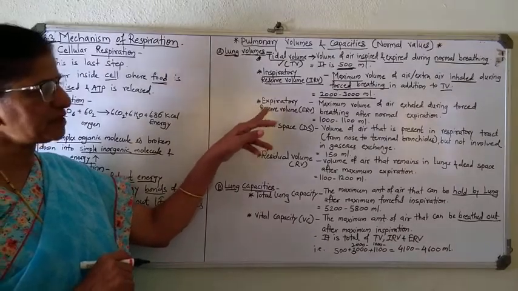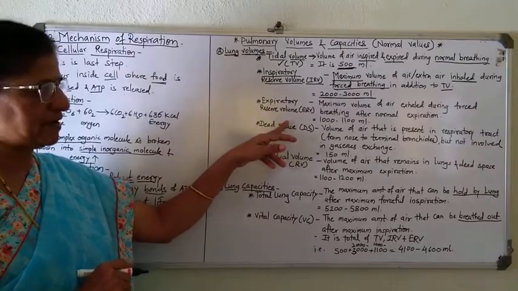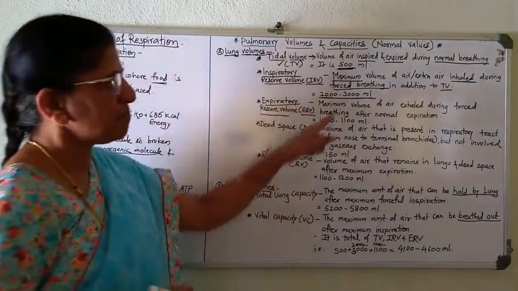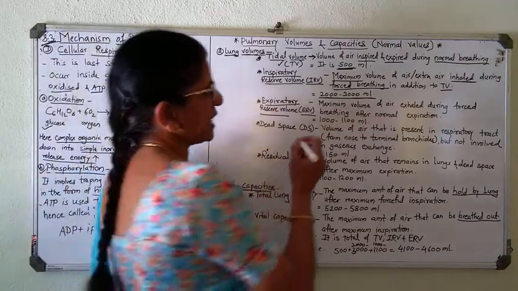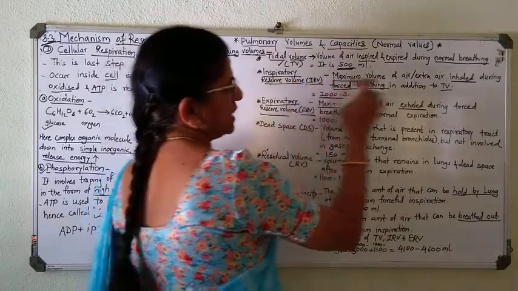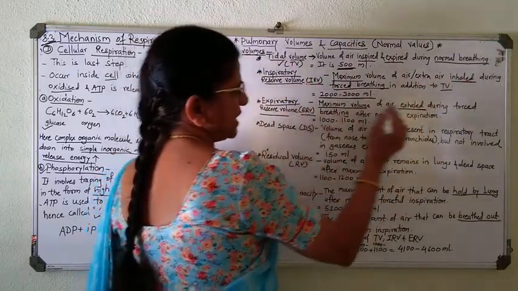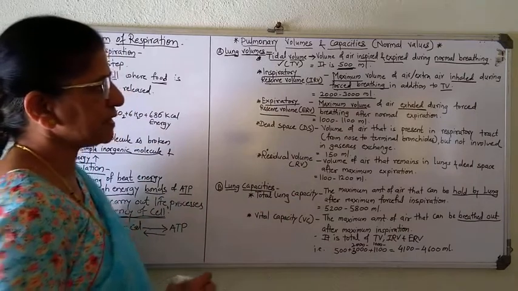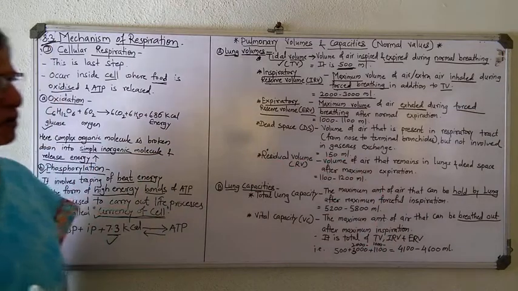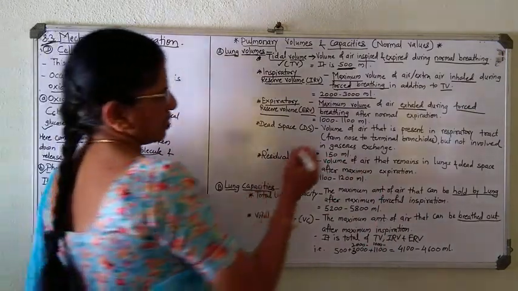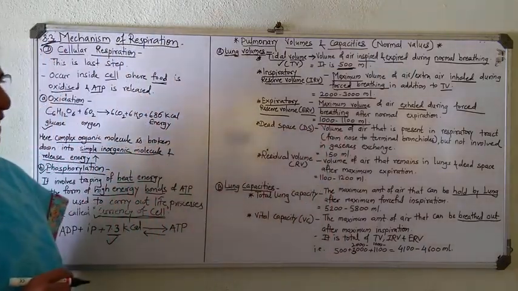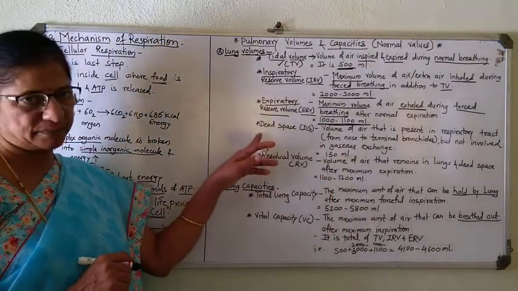Next is expiratory reserve volume, or ERV. This ERV means the maximum volume of air exhaled. In IRV it is inhaled, in ERV it is exhaled during forced breathing, after normal expiration, and it is about 1000 to 1100 ml.